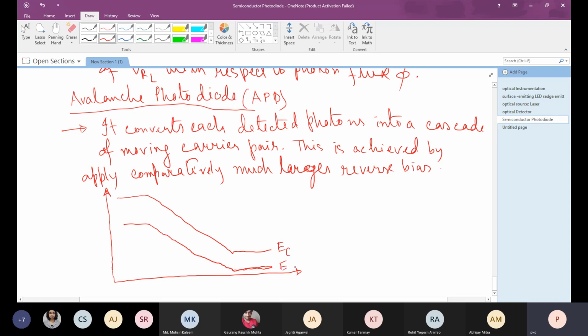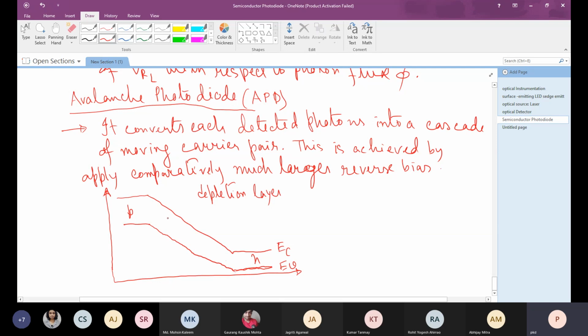Conduction band and valence band. This is the depletion region. This side is P, this side is N. This is the intrinsic zone.